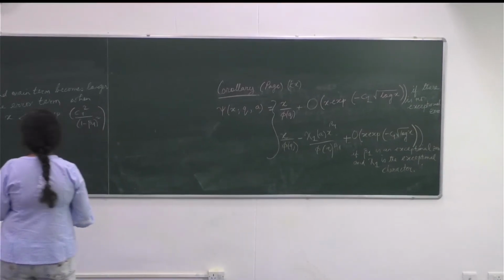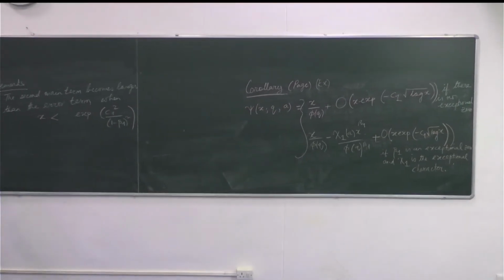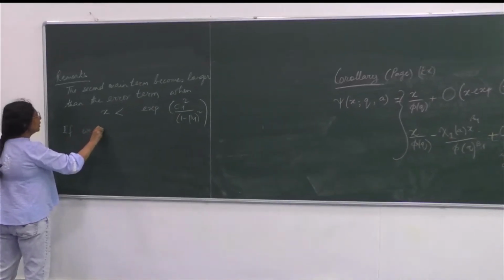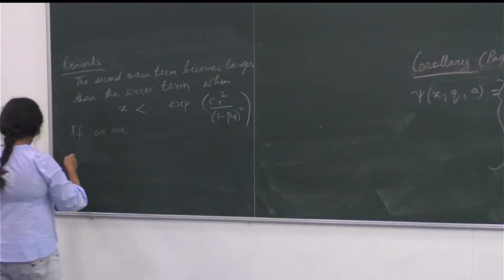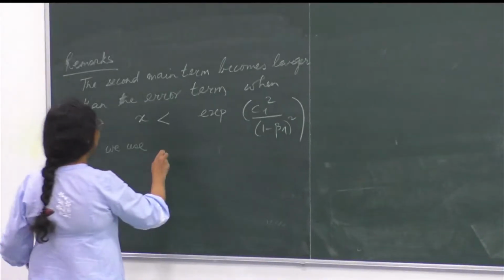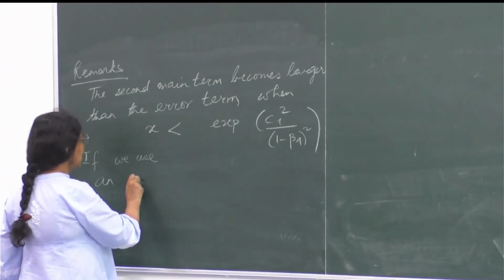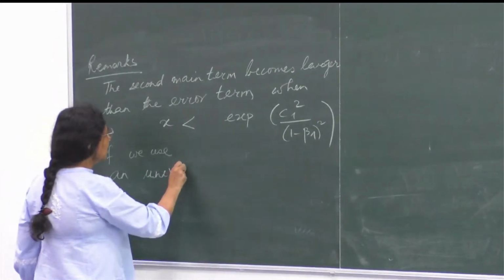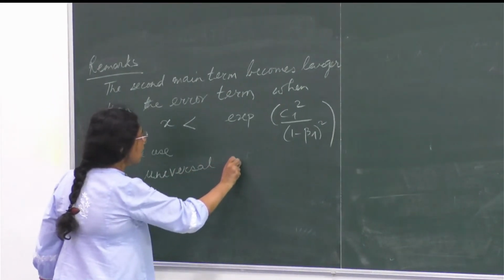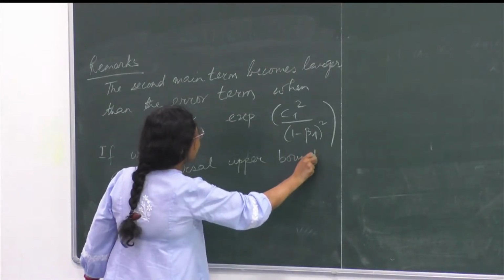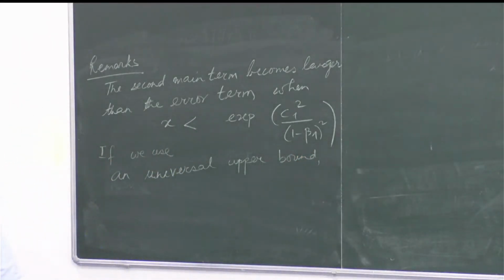So we continue. We make some more remarks. If we use a universal upper bound, then what happens?